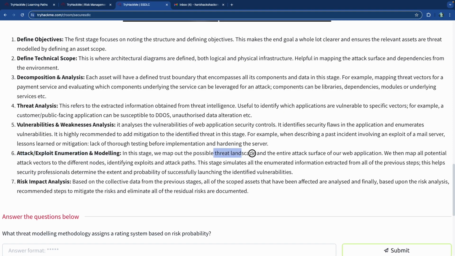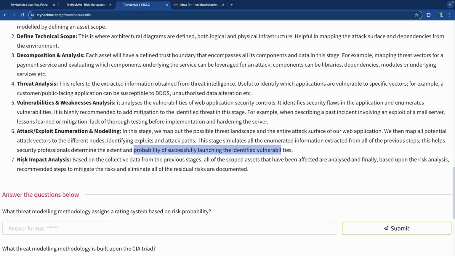We look at the possible threat landscape and the attack surface of the application. We then look at all the attack vectors and the different nodes that could be attacked, identifying the exploits that could be used, all the attack paths that could be taken, and it simulates all the enumerated information that's been extracted from all the previous steps, and it helps security professionals determine the extent and probability of successfully launching identified vulnerabilities, and lastly, the impact of the risk.